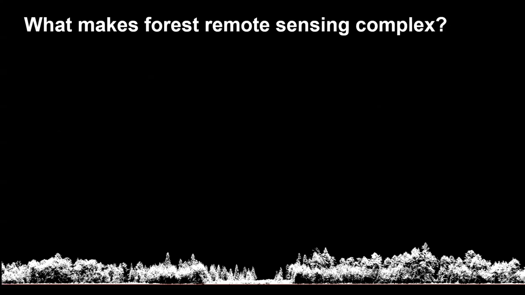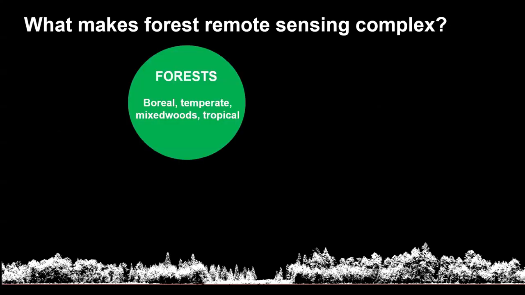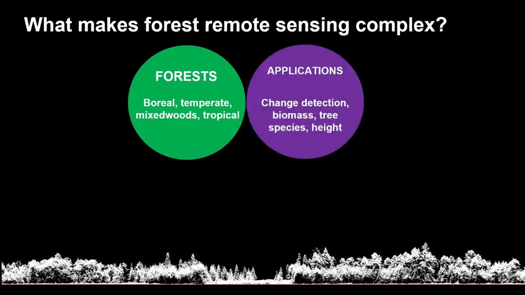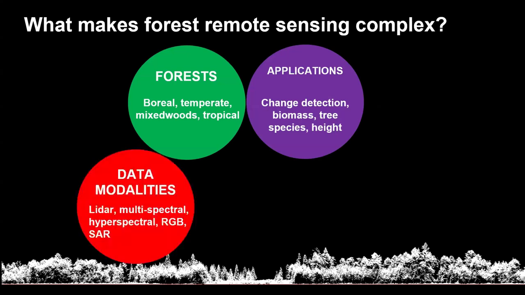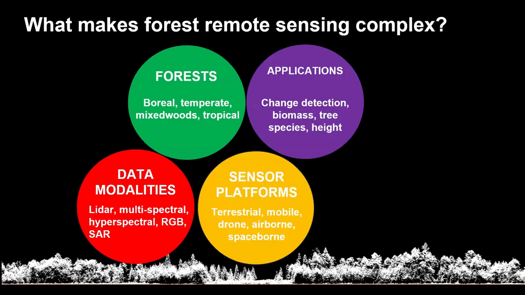So let's think a bit about why forest remote sensing in particular is complex. Well, we know that forests are very different, and we have many different forested ecosystems that we're dealing with. We also have many different information needs or applications. We have many different data modalities: LiDAR data, multispectral, hyperspectral, RGB imaging systems, SAR data.